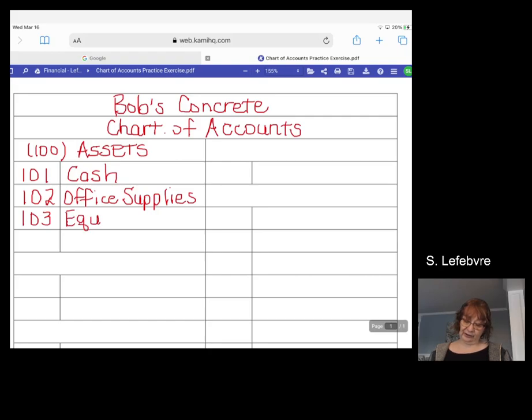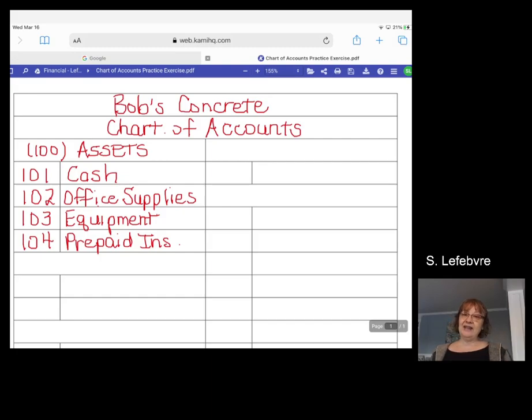So no brain surgery. You'll notice that I'm just going in the order that they're listed on the assignment, and that'll be the same for you with the next assignment. And then our fourth one, so showing it's still an asset and it's the fourth asset account, will be our prepaid insurance. And I'm just going to abbreviate it there because the Apple Pen is fairly large.